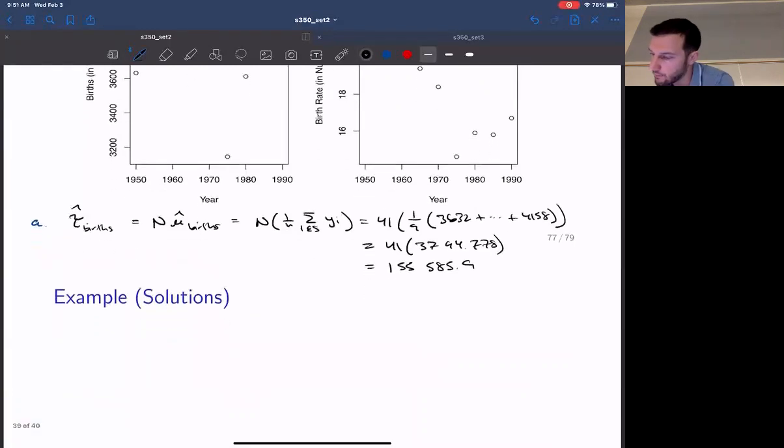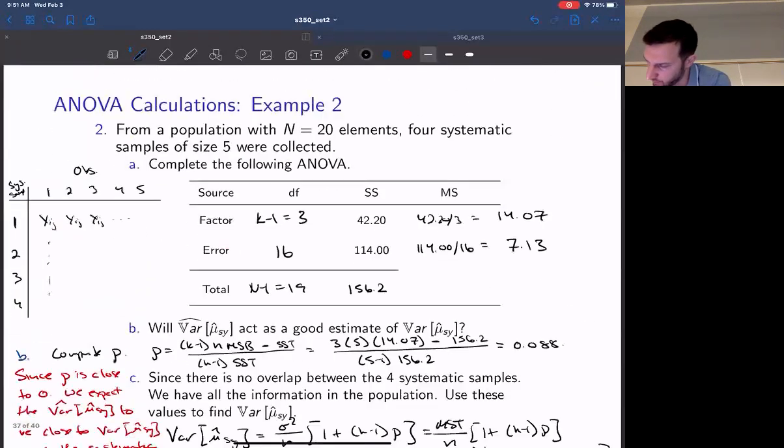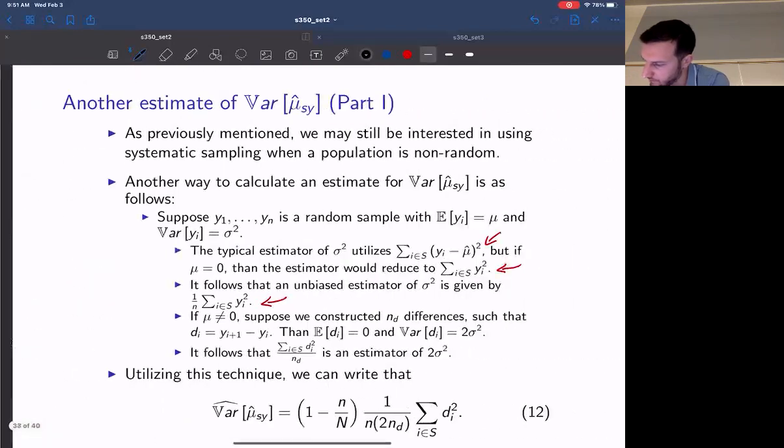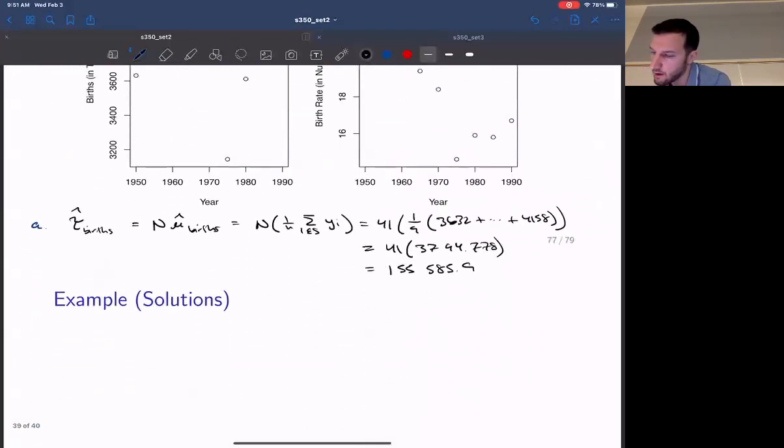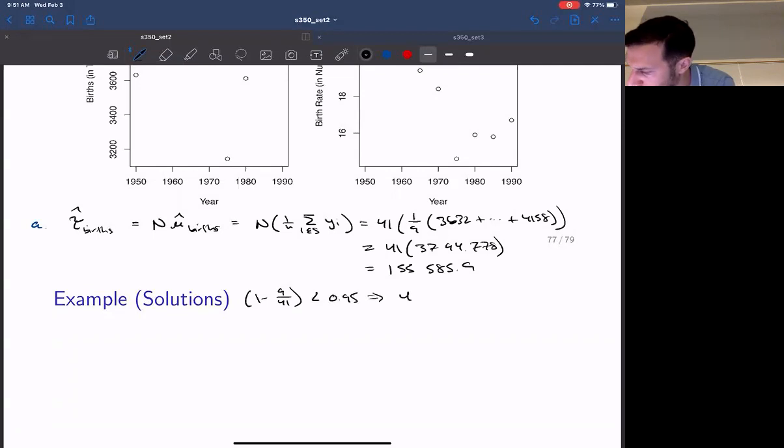Okay, now if we wanted to bound the estimator, which I think is what we're asked for here, right? Find an appropriate estimate of the variance. Okay, so we can just use the systematic sampling estimator here to estimate the variance. So clearly this 1 minus 9 over 41 is going to be less than 0.95. So we use the FPC.